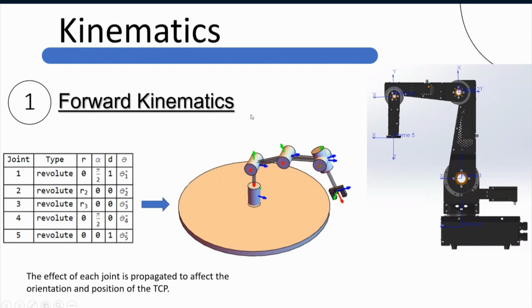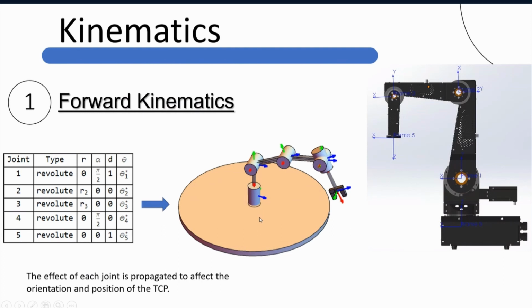And in order to formulate the forward kinematics, I followed an approach called DH parameters. It deals with constructing different frames at each joint. This table right here has these parameters, called the DH parameters. It defines the relationship between each frame and the other. It can be seen here in the robot. And by getting these DH parameters, we can get matrix transformations.